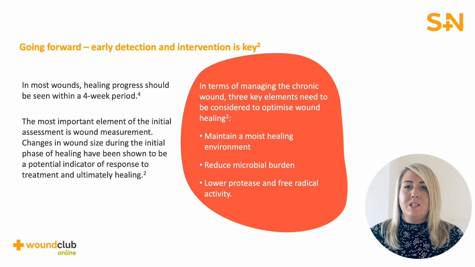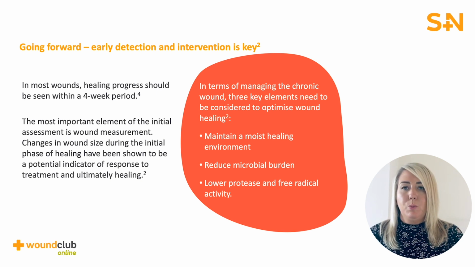An early indication of abnormal healing is when a wound does not see progress within the first 4 weeks. The most important element of the initial wound assessment is mapping and measuring the wound. Changes in wound size during the initial phase of healing have been shown to be a potential indicator of the wound's response not only to the current treatment but also how it will go on to heal.